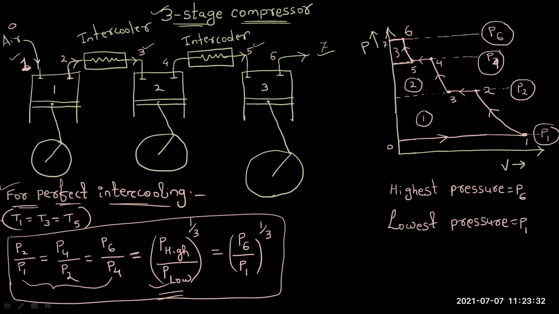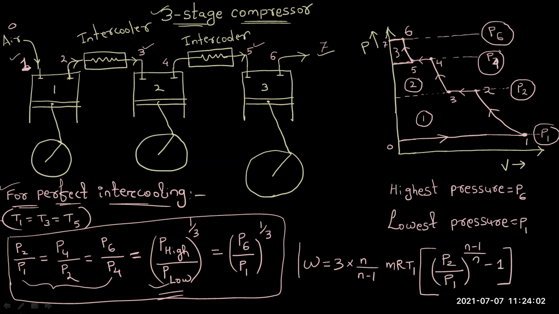Okay, and work done by the compressor equal to, since it is a 3-stage compressor, we will write 3 times N by N minus 1 mRT1, because T1 is the entrance temperature for the first compressor, whole into, for this one, the pressure ratio becomes P2 by P1 to the power N minus 1 by N. So this is the work.